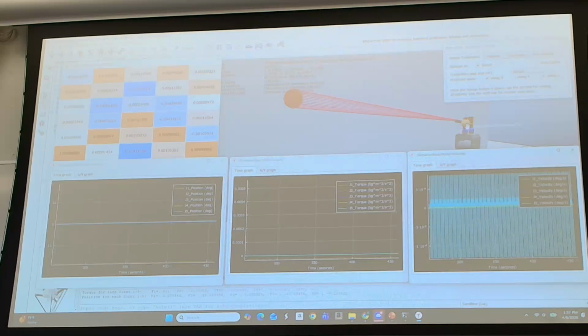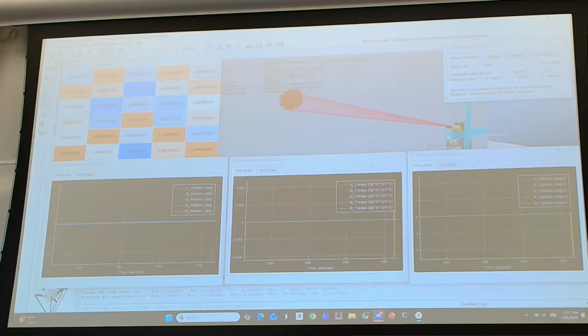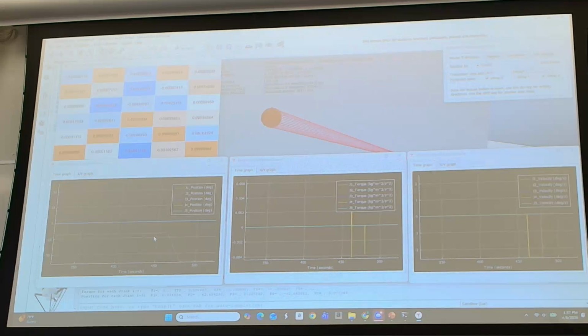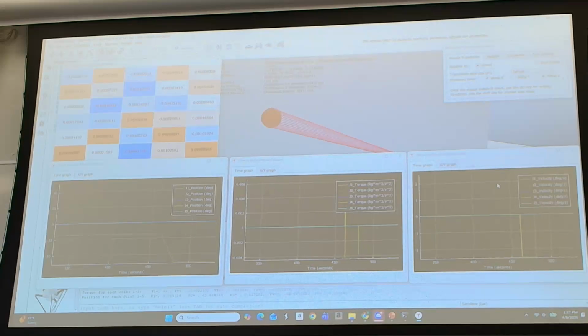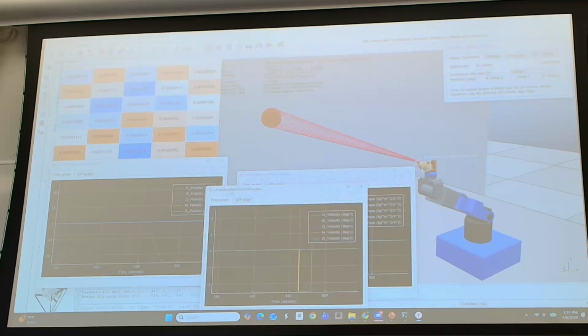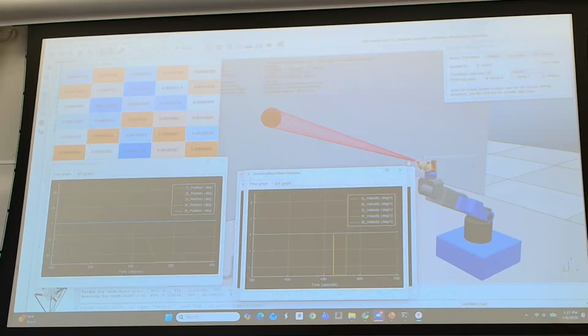So watch this. I'm going to move the dummy. And notice the velocities are changing, right? Not all of them are changing, but a lot of them are. So you can begin to see how this reflects the position. I don't care about torque right now, so let's just cover up torque. Watch the velocities.